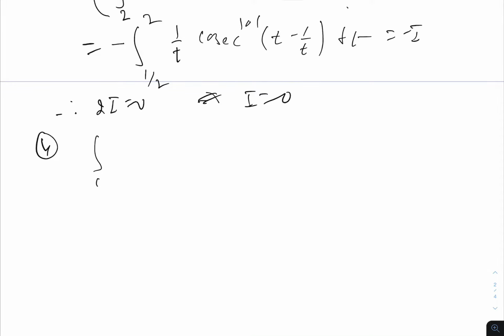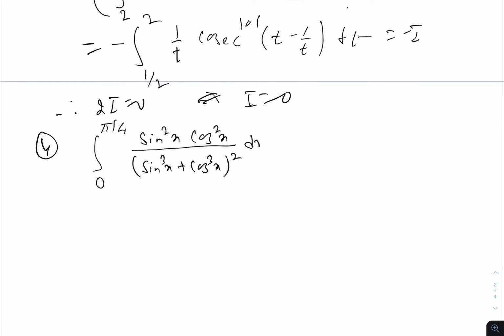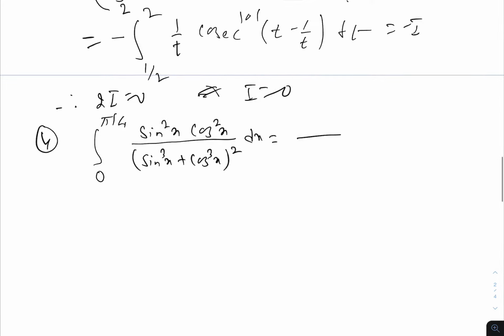Let us take one. Integration 0 to pi by 4, sin square x cos square x over (sin cube x plus cos cube x) whole square dx is equal to blank.